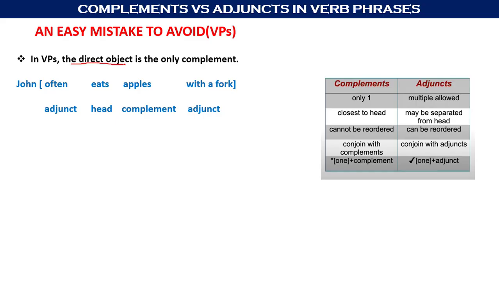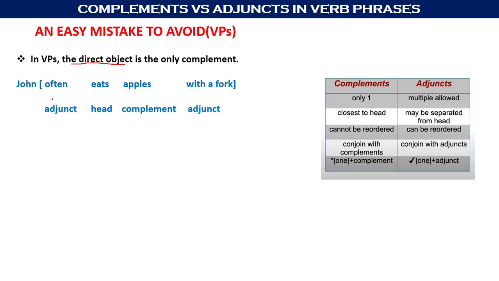So if you have a verb phrase and there are modifiers and qualifiers of the verb phrase, the only complement will be the direct object, if there is any. If there is no direct object, then there is no complement. All the qualifiers and modifiers of that verb will be adjuncts. For example, John often eats apples with a fork.